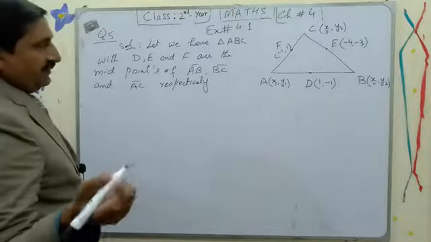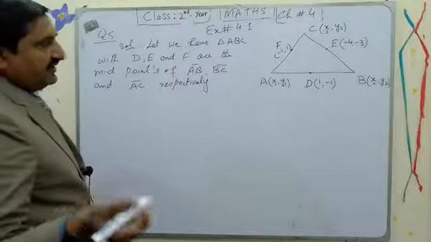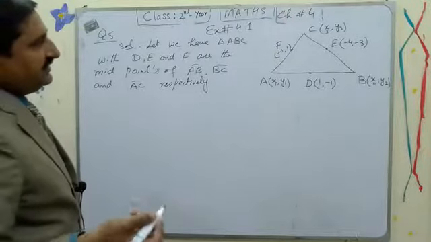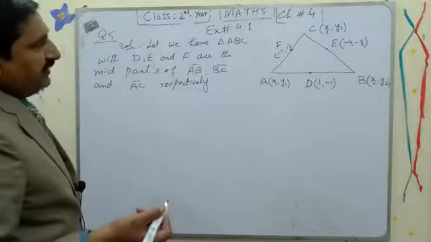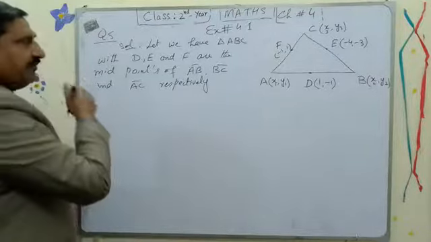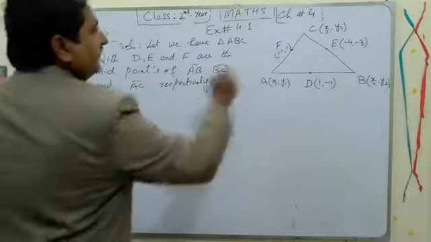Now, as the question says, we have to find the vertices of the triangle A, B and C. So according to the midpoint formula, this is AC, right?